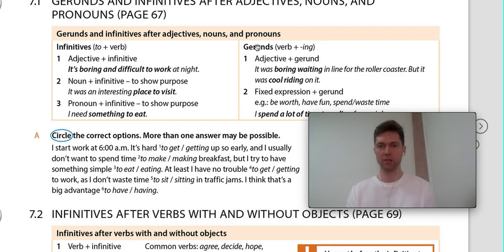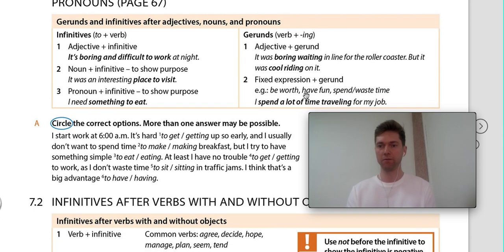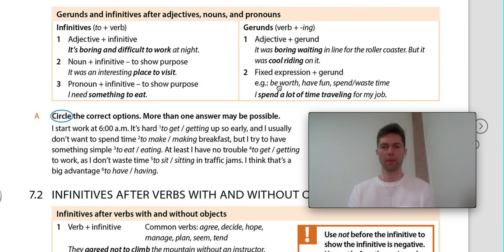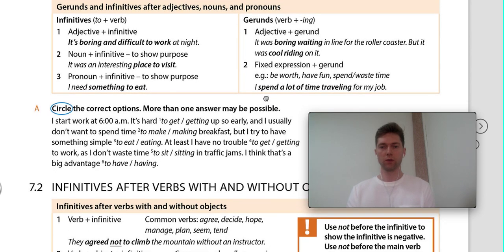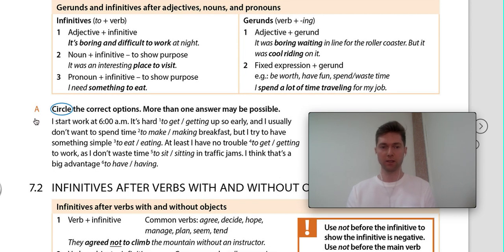And we use gerunds after adjectives and fixed expressions, like have fun, spend or waste time, or be worth. Okay? So now try to complete exercise A. Okay, try to do this exercise, and you can pause the video right now and then come back to check your answers.